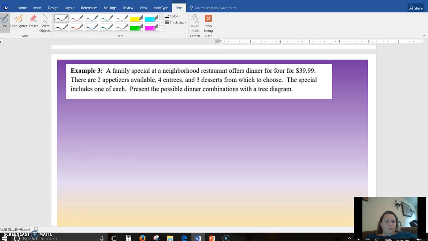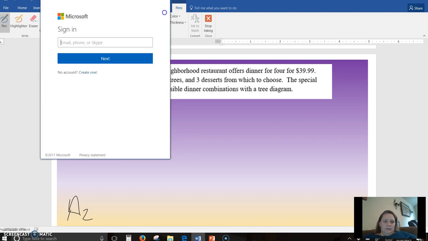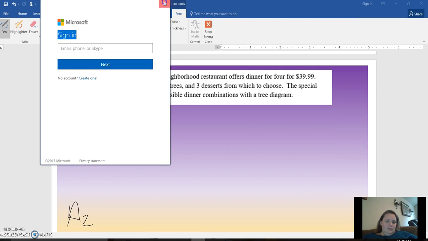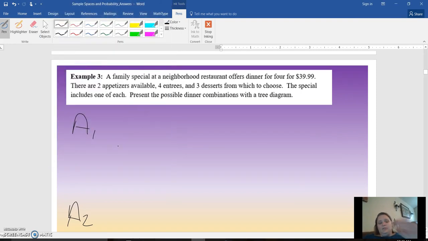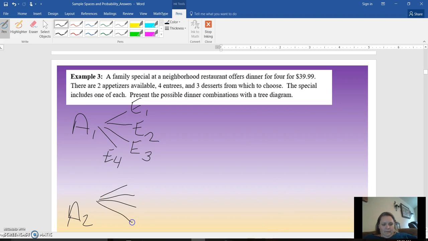All right. And so they have 2 appetizers available. Appetizer 1, appetizer 2. Then they have 4 entrees. Entree 1, entree 2, 3, 4. 1, 2, 3, 4.